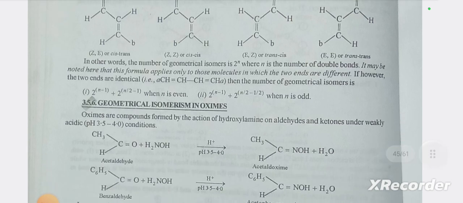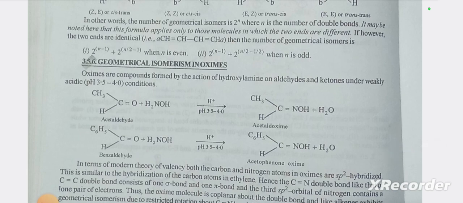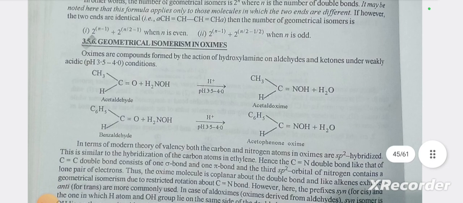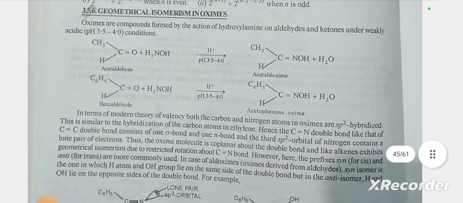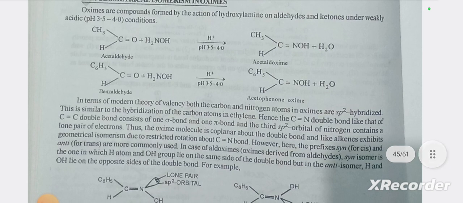Geometrical isomerism in oximes. Oximes are compounds formed by the action of hydroxylamine on aldehydes and ketones under weakly acidic conditions. In terms of the modern theory of valency, both the carbon and nitrogen atoms in oximes are sp2 hybridized, similar to the hybridization of carbon atoms in ethylene.